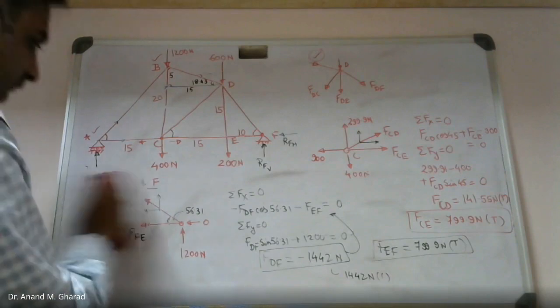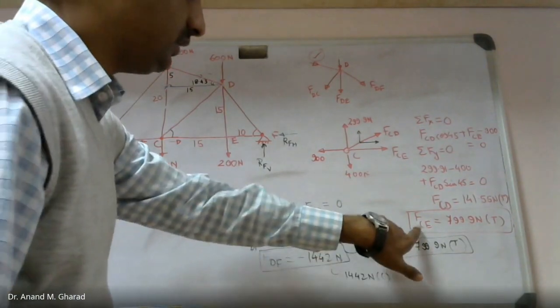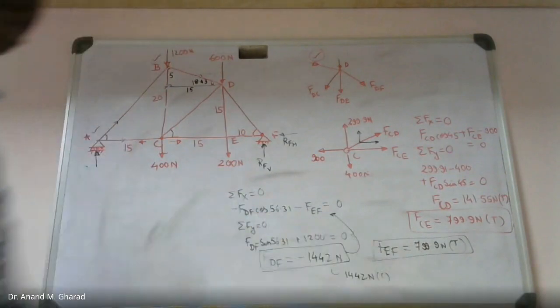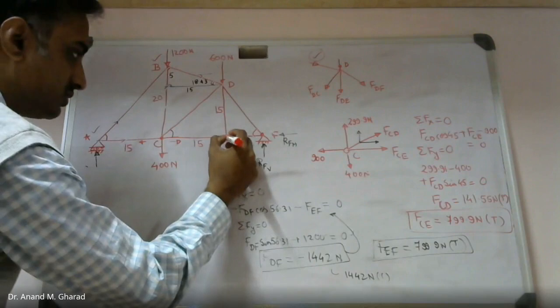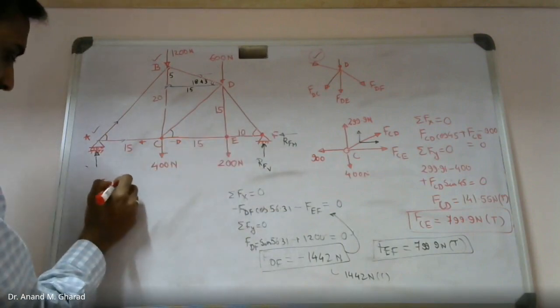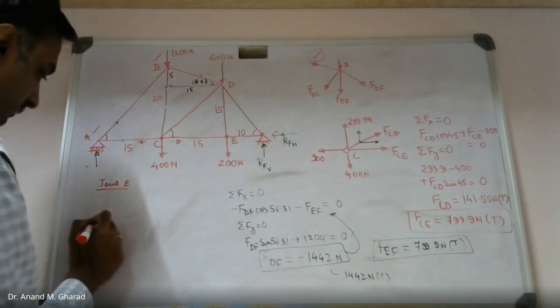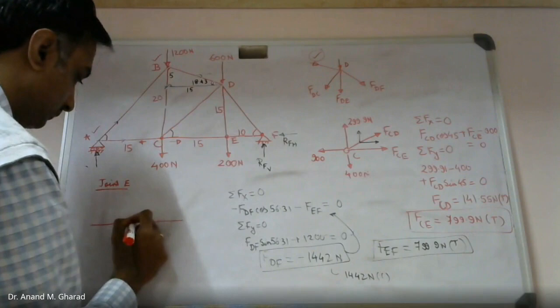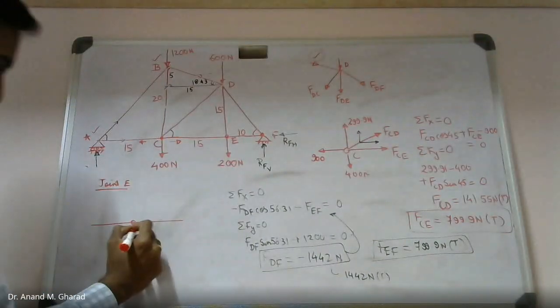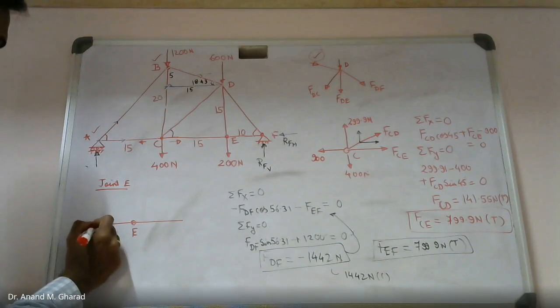Now see, these two values are with you, that is FCE and FEF. So let me concentrate over here, that is joint E. So look, these are collinear members. I need everyone's attention.